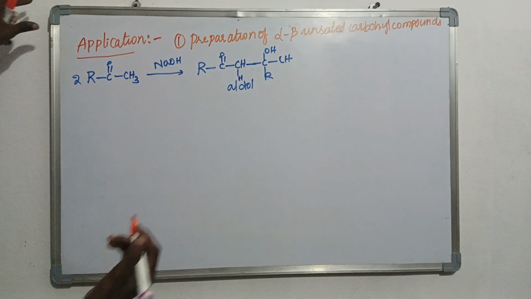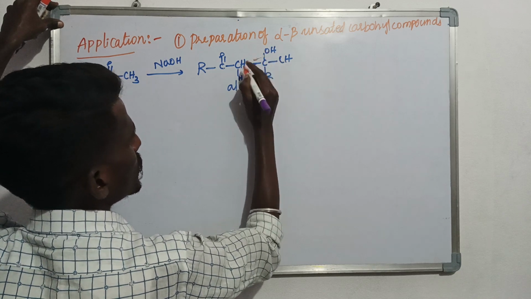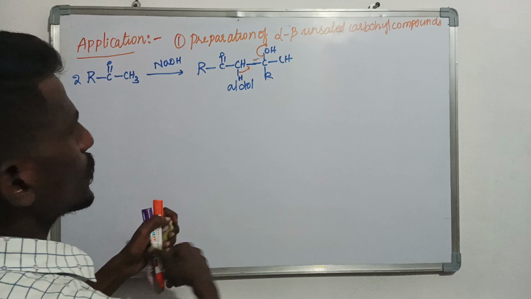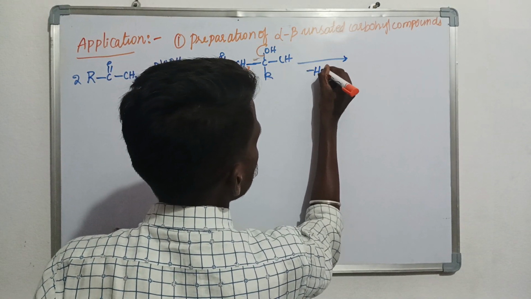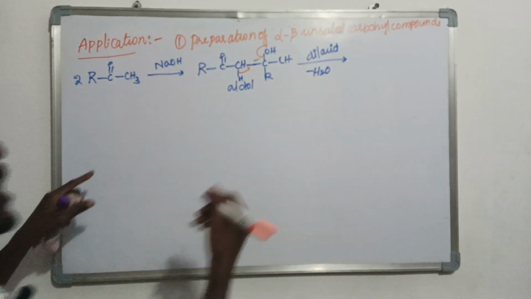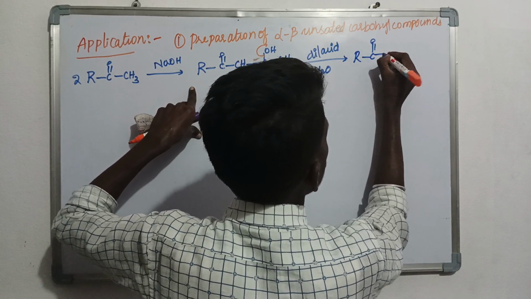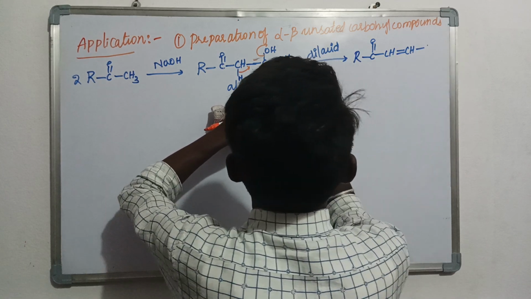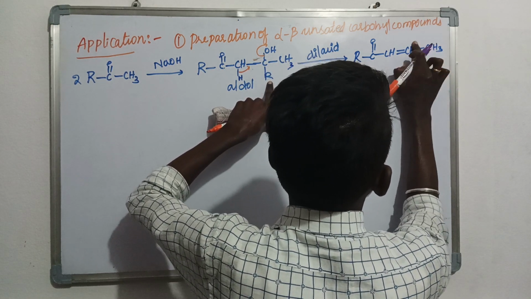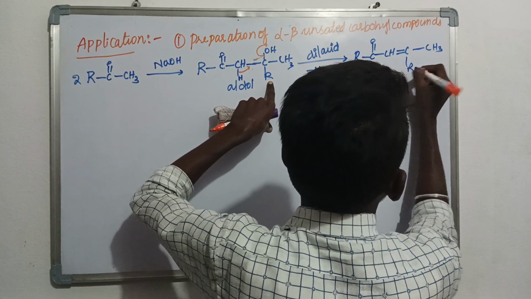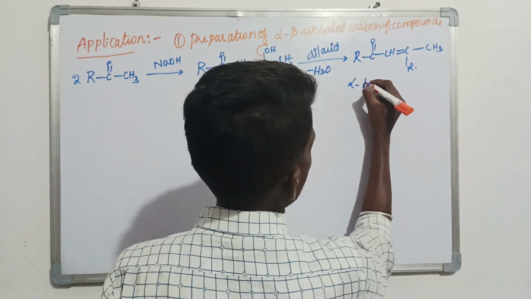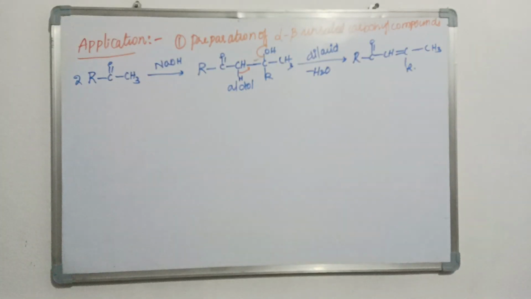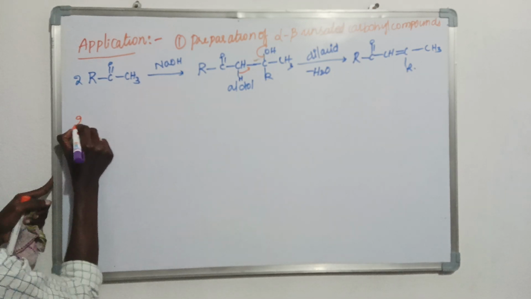So it undergoes dehydration and elimination of the water molecule in the presence of dilute acids, and it will form alpha beta unsaturated aldehydes as a product.